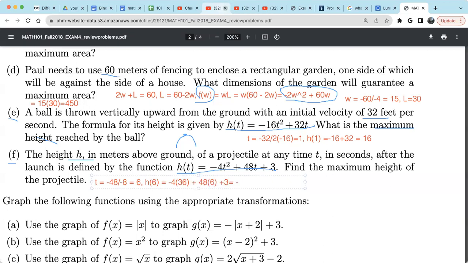We get a negative number, 4 times 6 is 24, then 120, so 144. Then plus 48 times 6, 6 times 8 is 48, so 288, plus 3. So 288 minus 144 is 144. 144 plus 3 is 147. So the maximum height is 147, reached 6 seconds after launch.